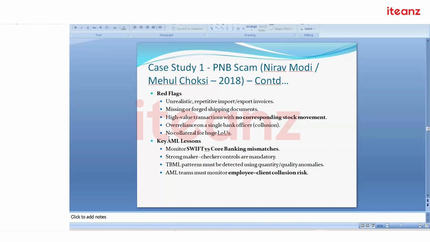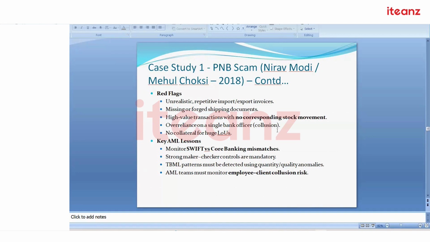Then over-reliance on a single bank officer means one bank officer was bribed and they used him, and whatever had to be done by a bank, they did in that manner. This is how they framed the whole thing. Without any insider, this is not possible, right?